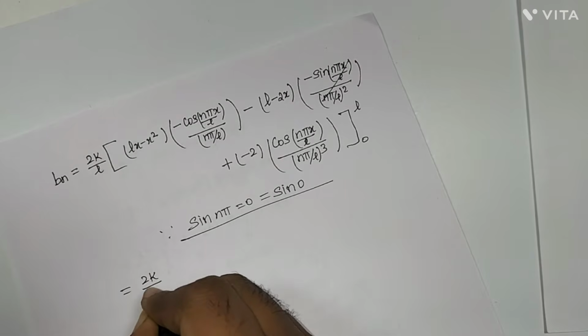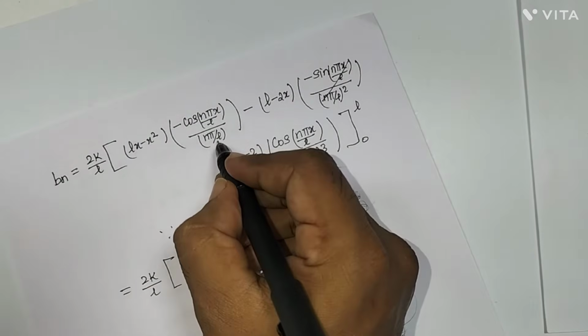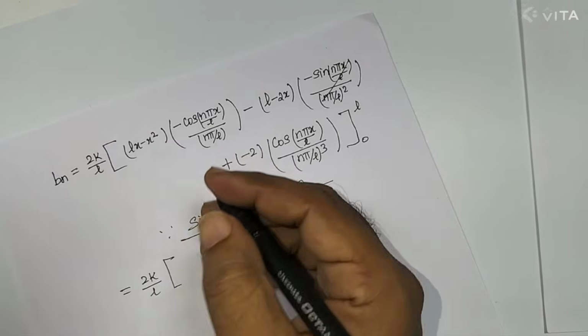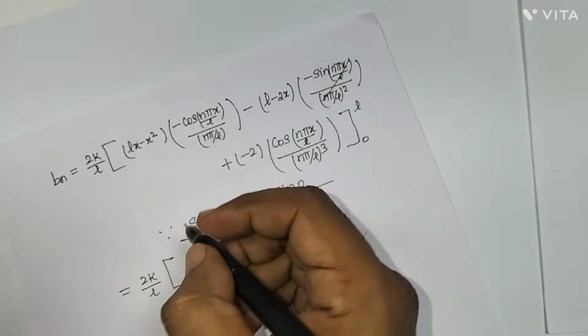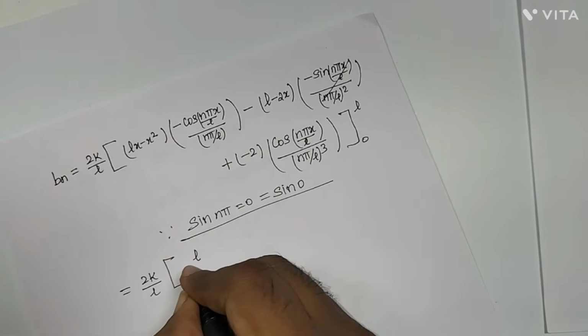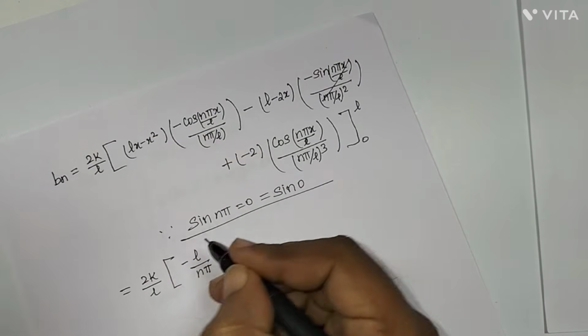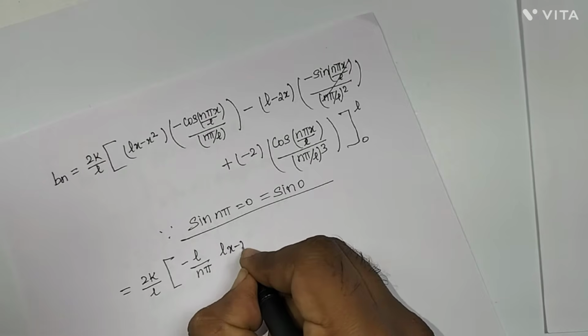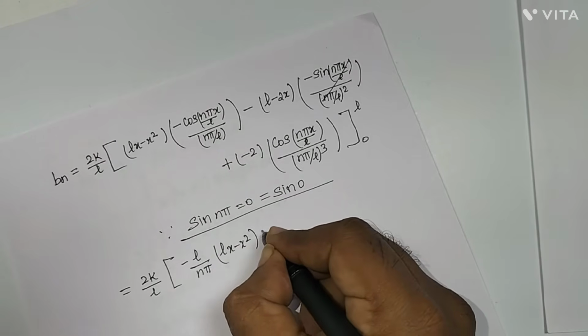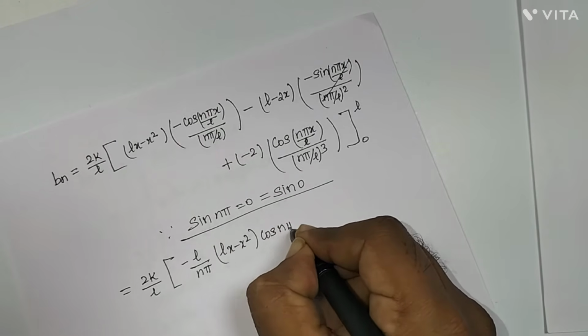This numerator term I am writing in the upper, this denominator term I am shifting to numerator. I am writing L divided by n pi. Here outside you will have minus, taking outside minus, and (Lx minus x square) into cos(n pi x by L).